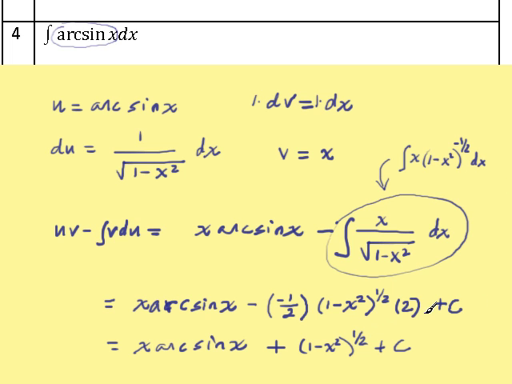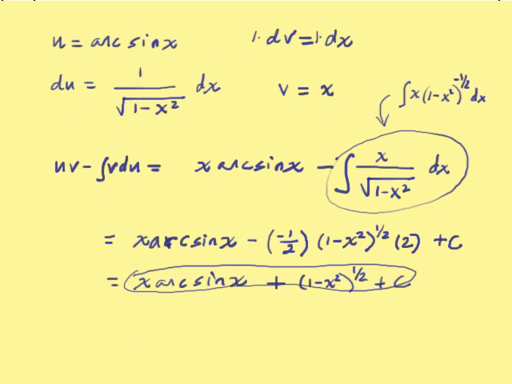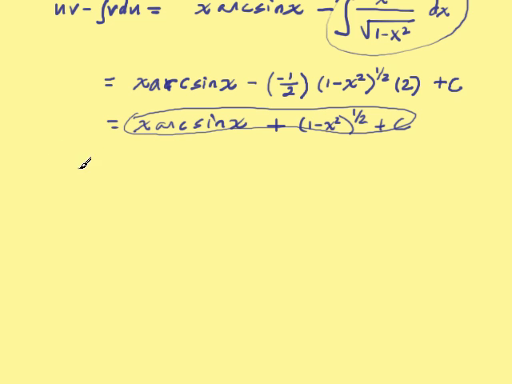Let's do a check over here. We expect that when we differentiate this, we get arc sine x. So let's try that. Let's see if we get arc sine x. So here's our check. We're going to take the derivative.